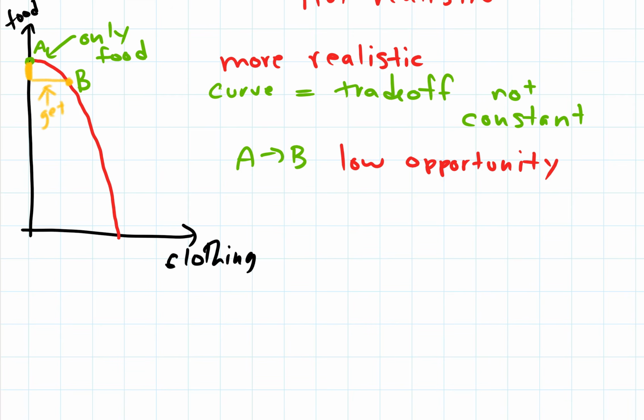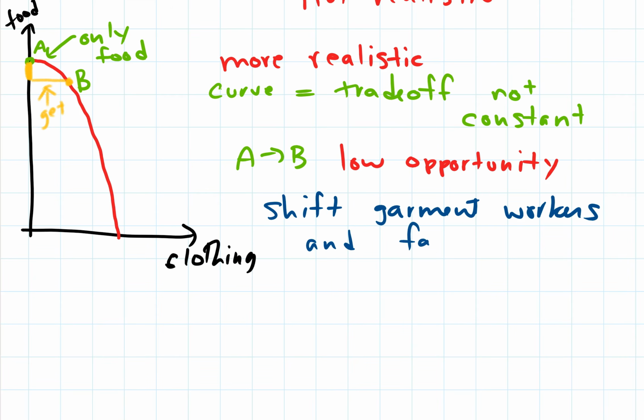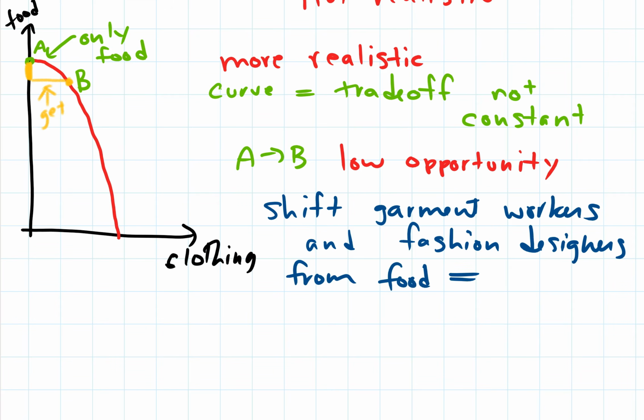When we move from all food, who are you going to shift first? You're going to shift those specialized resources, like garment workers and fashion designers, from food to clothing.